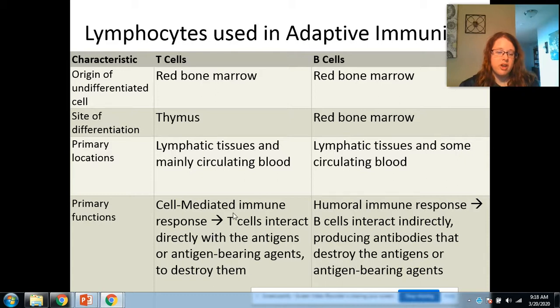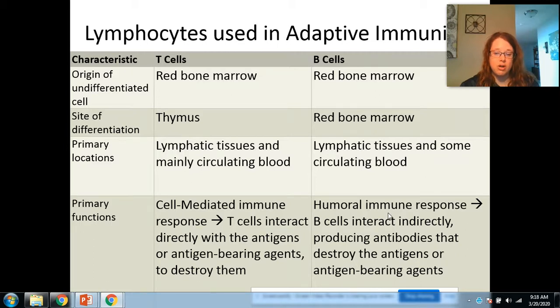Okay, so the cell-mediated immune response with the T cells is specific to infected cells. So if a cell has been infected by a virus, by a bacteria, whatever it may be, that will solicit the cell-mediated immune response. Think about it, it's cell-mediated, so it's focused on a cell being infected, and that's why it is being utilized.